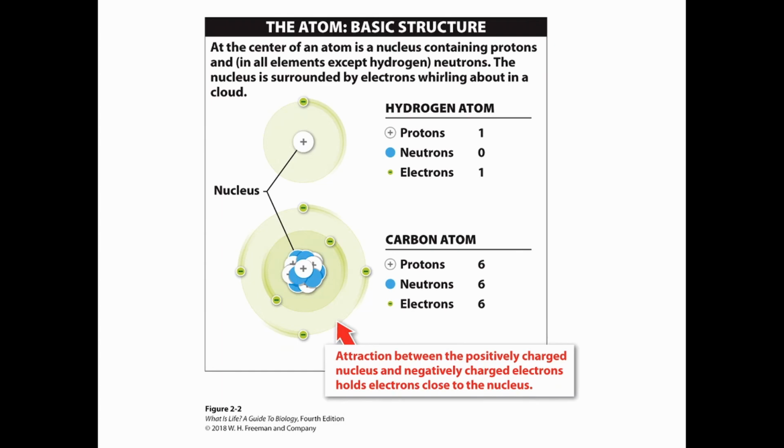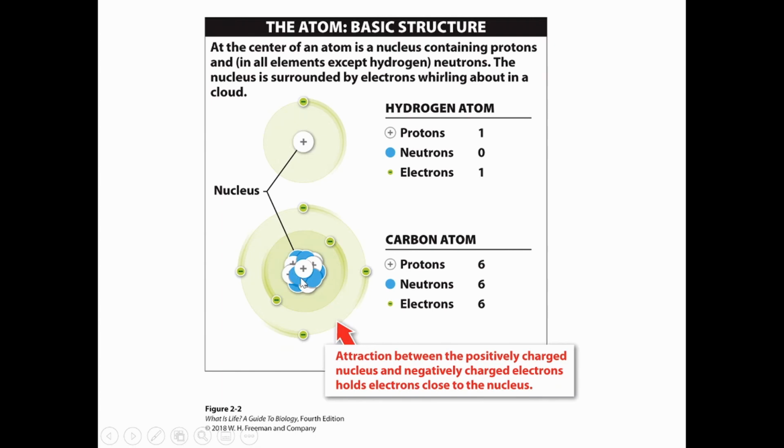So let's look at this all put together. If we look at the basic structure, here we're looking at a hydrogen atom and a carbon atom. So we're looking at 2 different atoms from 2 different elements. For the hydrogen, we see we have a proton here in the nucleus, an electron in the cloud, but there's no neutron. So this is as simple as it gets. This is as simple as we can possibly get when looking at the different elements.